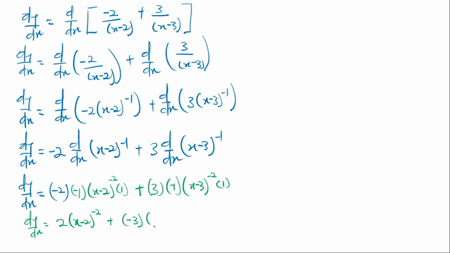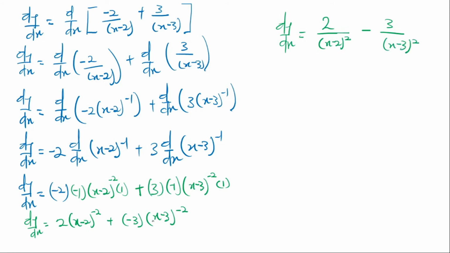So we have negative 3, then (x minus 3) raised to the power negative 2. So from here our dy/dx is equal to 2 over (x minus 2) squared, then minus 3 over (x minus 3) squared.